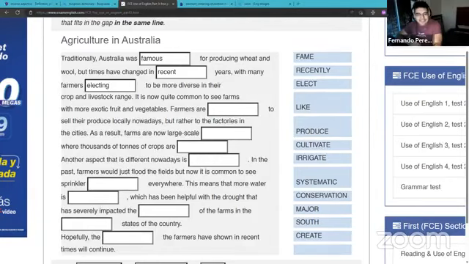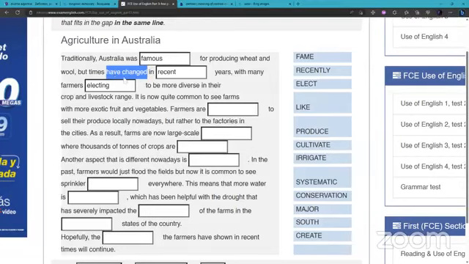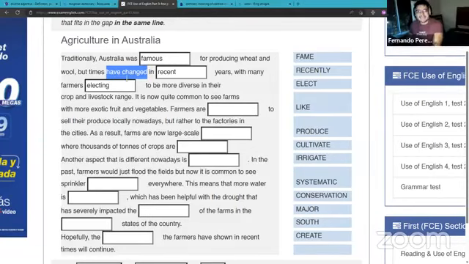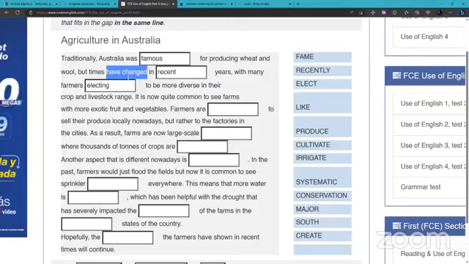The matter in this logic is the context, because we are talking about producing wheat. Actually, if you remove recent, you have the most important information, which is have changed. That's enough to understand that something is happening.